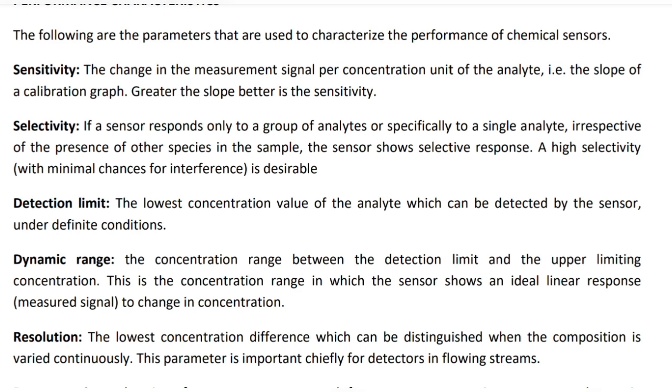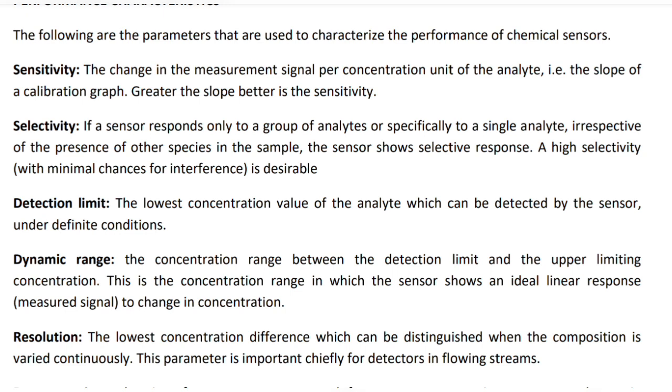If it specifically reacts to or senses only a single element, then that type of sensor is called a specific sensor, or its specificity is very high. If it reacts only with a group of analytes, then it is called selectivity. More selectivity is a very desirable property of a chemical sensor. Irrespective of the presence of other species in the sample, the sensor shows a selective response.